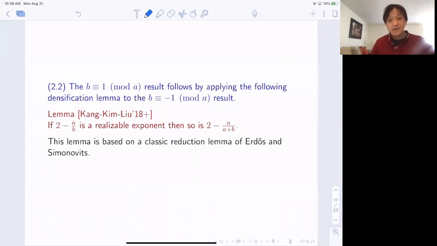So what's the densification lemma? It's very nice. It says, if you know 2 minus A over B is realizable, then so is 2 minus A over A plus B. So that gives you a way to generate many new exponents, because you can iterate this process.